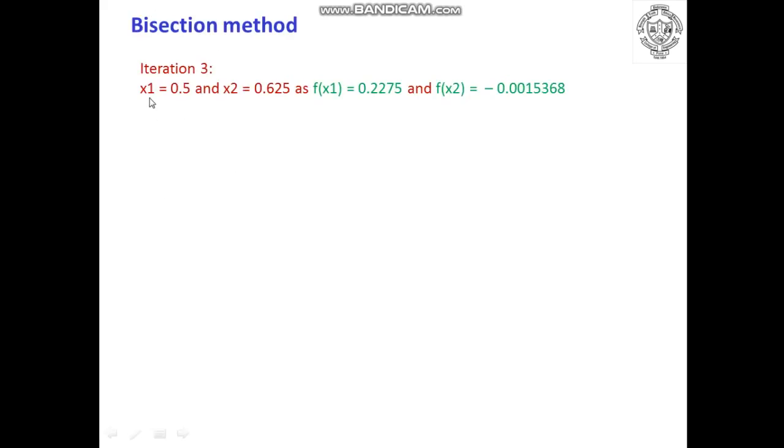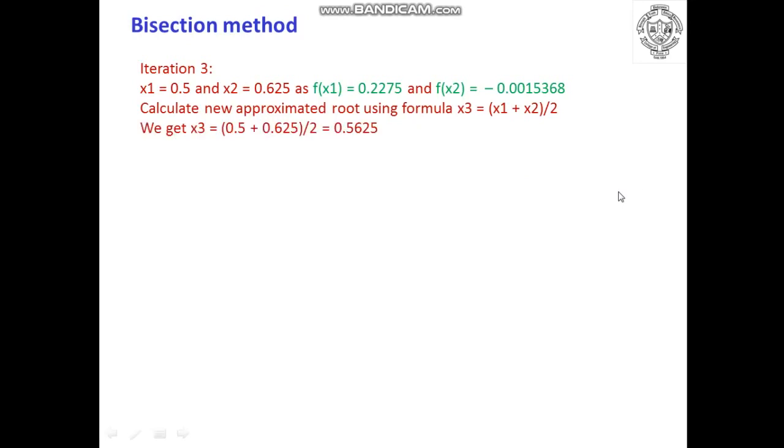As we have seen, we have assumed the new values as 0.5 and 0.625, because the signs of their respective functions are opposite. Let us find the new approximated root using the usual formula, x3 is equal to x1 plus x2 divided by 2. So we get the value of x3 as 0.5625.